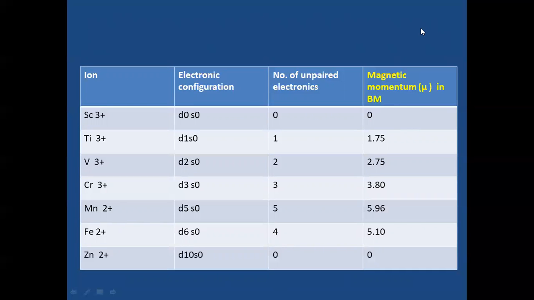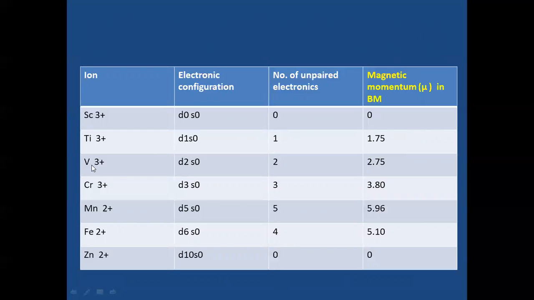So that is the expected one, this is calculated. The experimental is 1.75, the expected value for magnetic moment for an ion having 1 unpaired electron is 1.732. So the values are nearly equal.